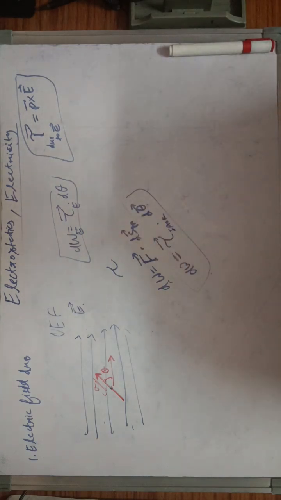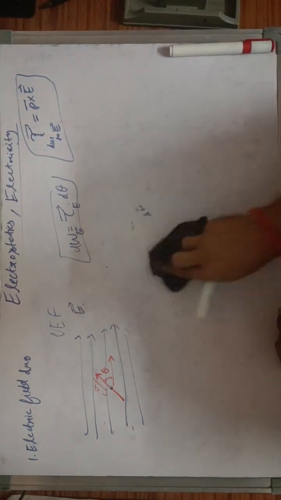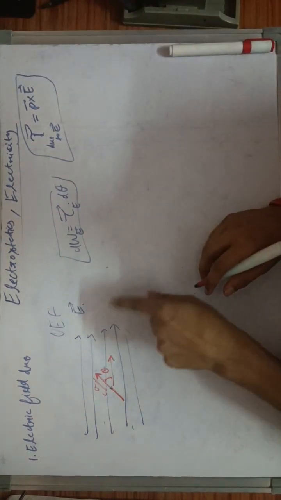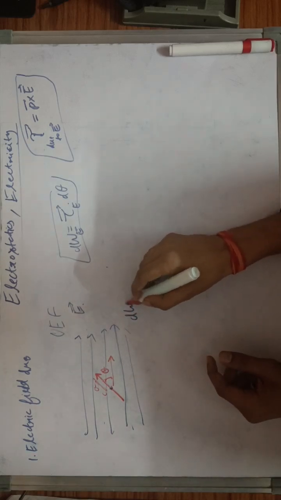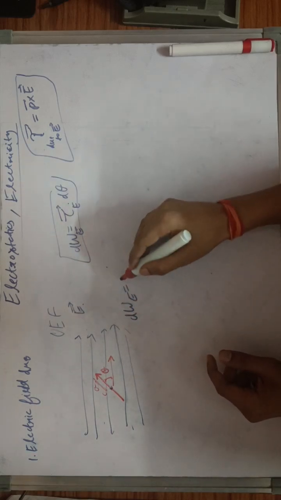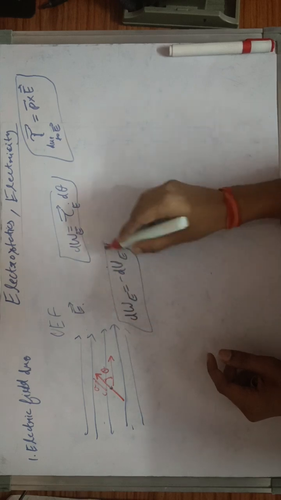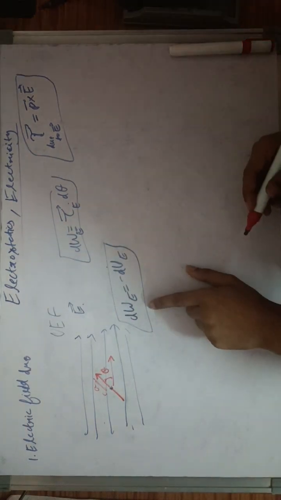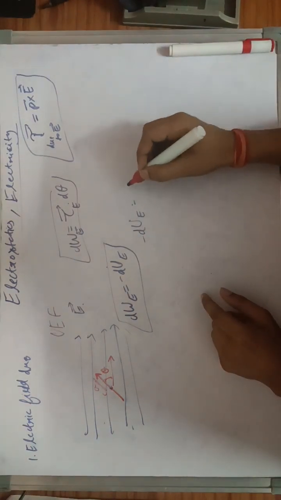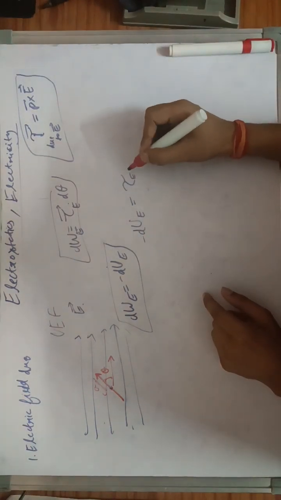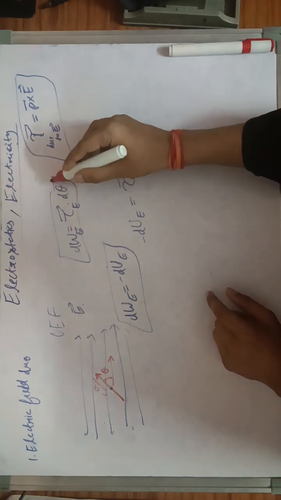Now we know one more thing, that this electric field is a conservative force system. So the work done by the electric field is simply equal to the negative of the change in potential energy in that electric field. Knowing this relation, I can say that minus dU is equal to tau due to the electric field dot d theta. This is a vector.